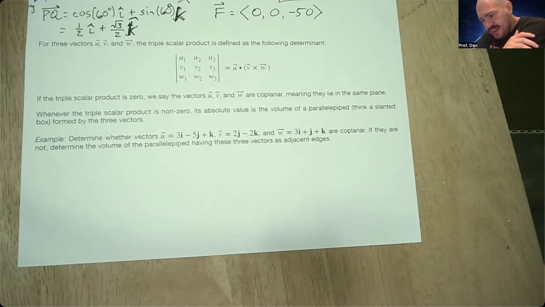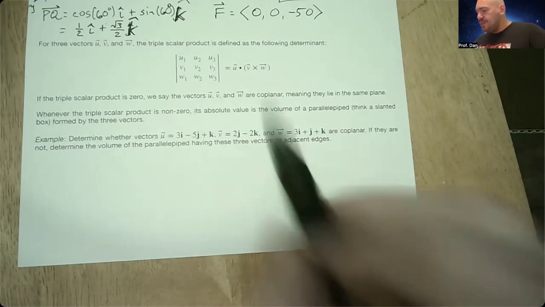To preface that, if I were to draw any two vectors in three-dimensional space, I will always be able to slide a sheet of paper into those two vectors so that both of them are on that sheet of paper. However, if I were to draw a third vector, that one does not have to be in the same plane. It could be, but it might not be.